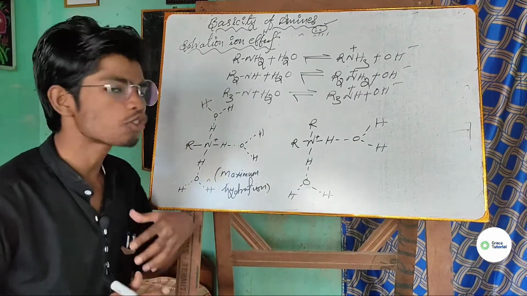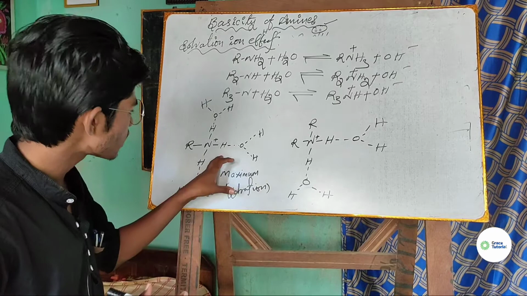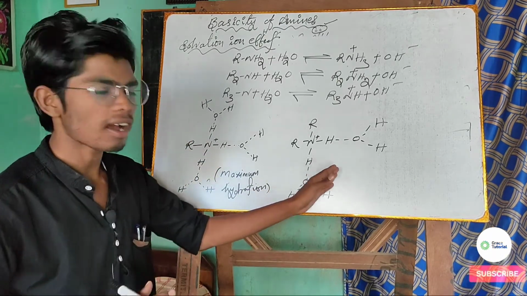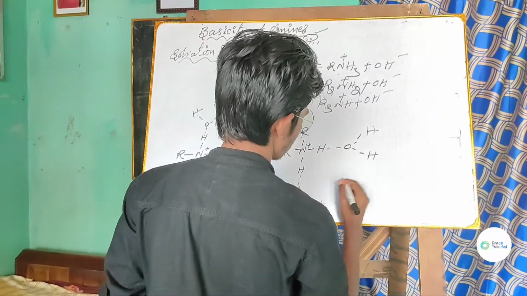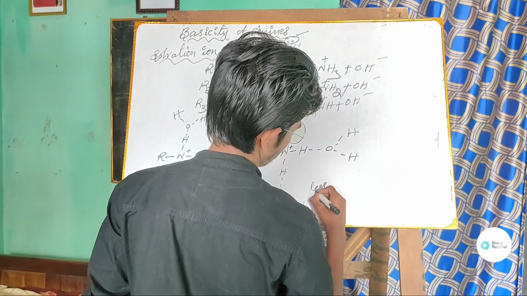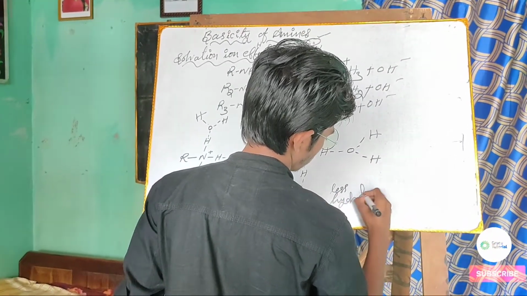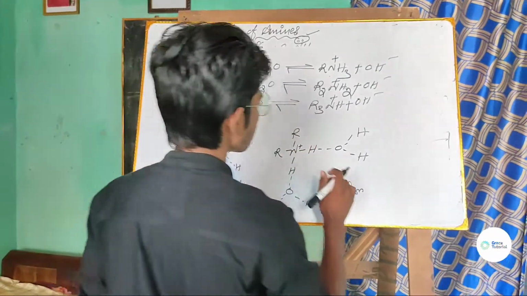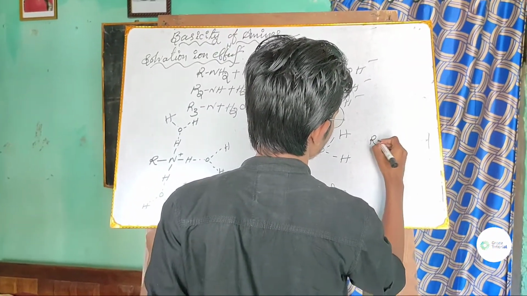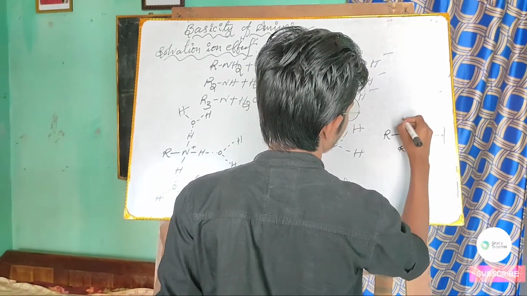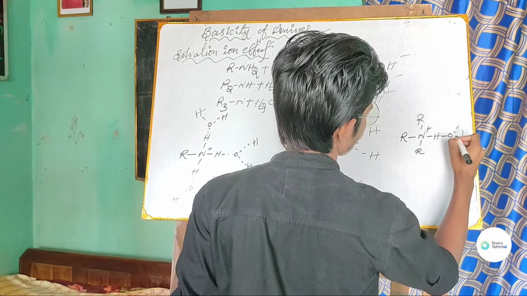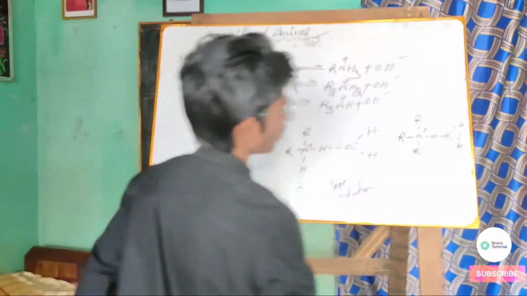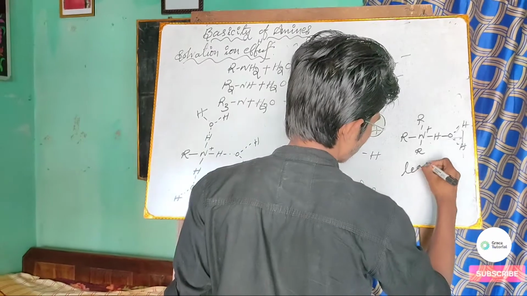The hydration energy is released, but the more hydration energy is released in case of the primary, and less hydration energy is released in case of the secondary. Less hydration. Suppose let me take this one hydrogen is there with us. So this is the least hydration.